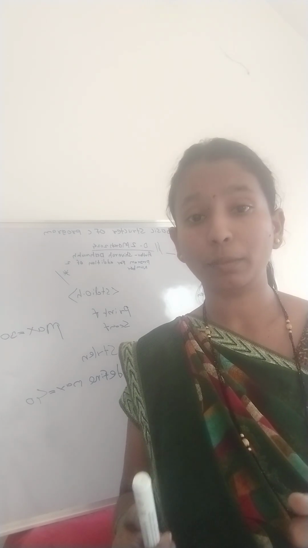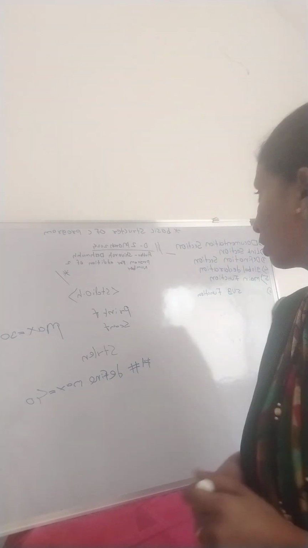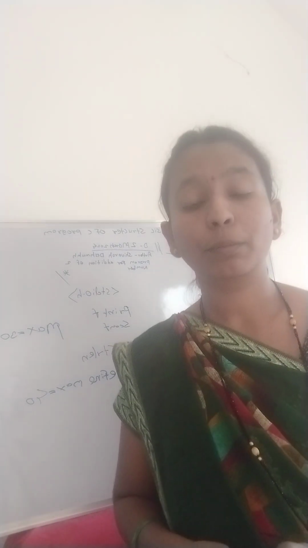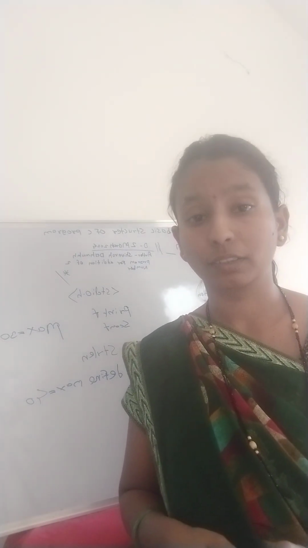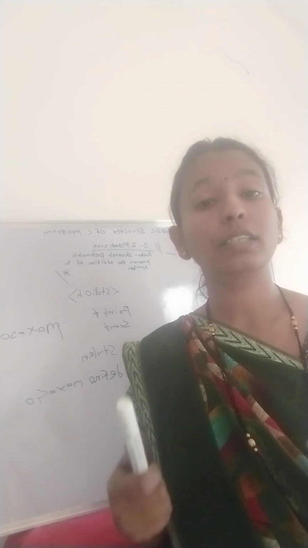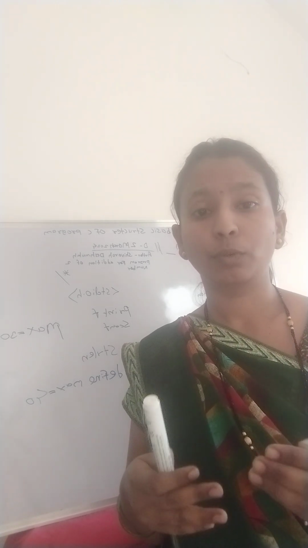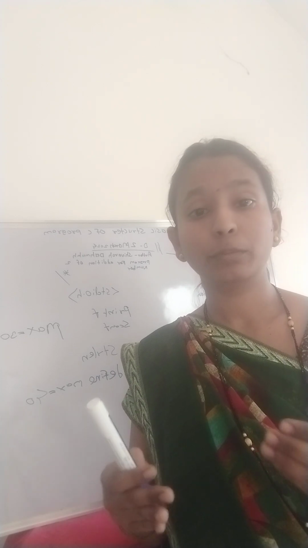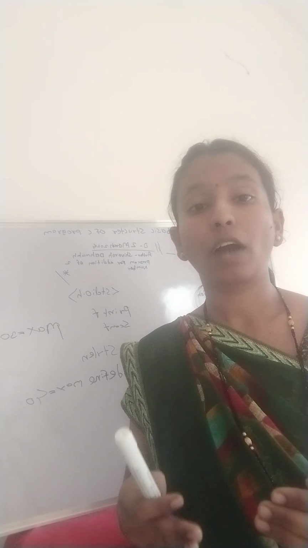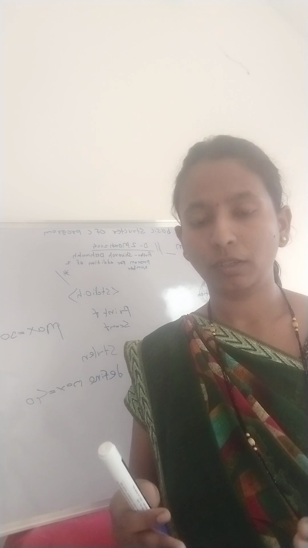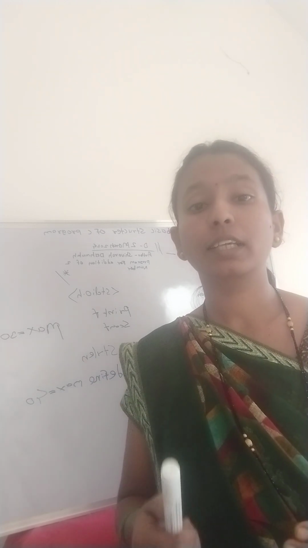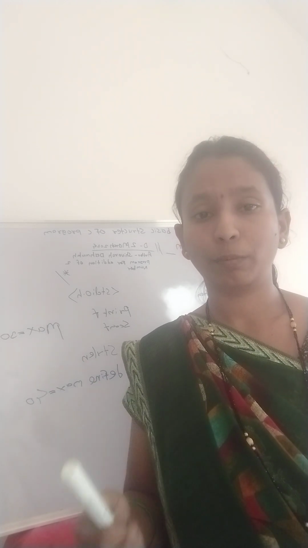Okay, this is about the comment section. The next section of the structure of a C program is the link section. In a C program's structure, there are some sections which are optional and some sections which are very essential. The link section is an essential section of our program.